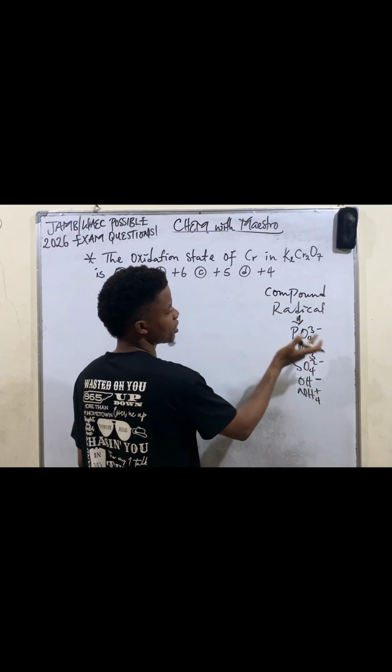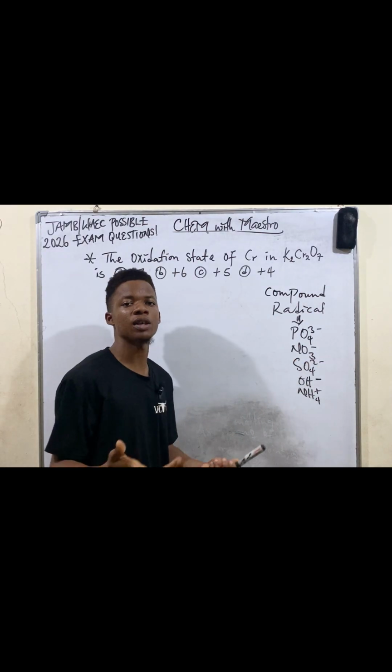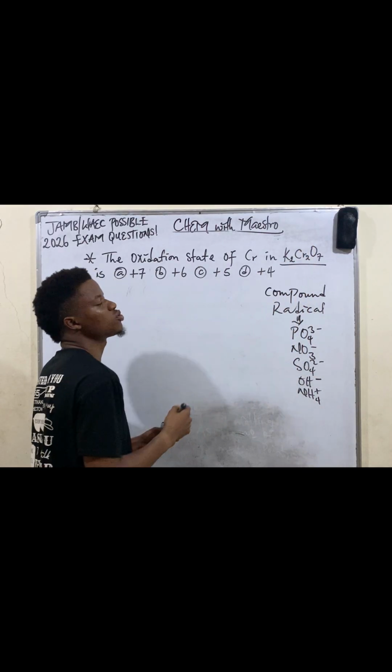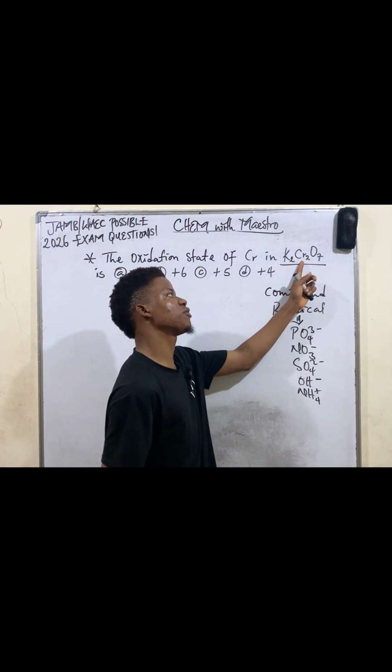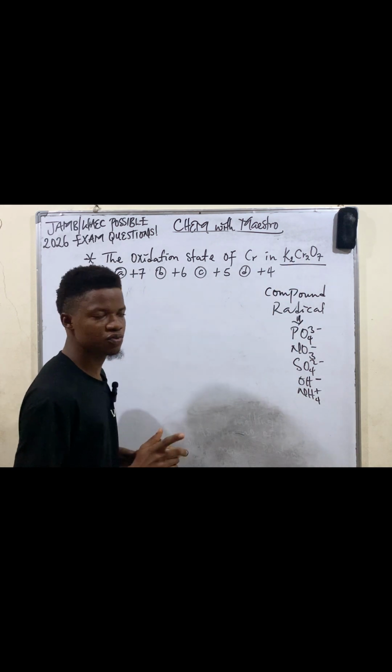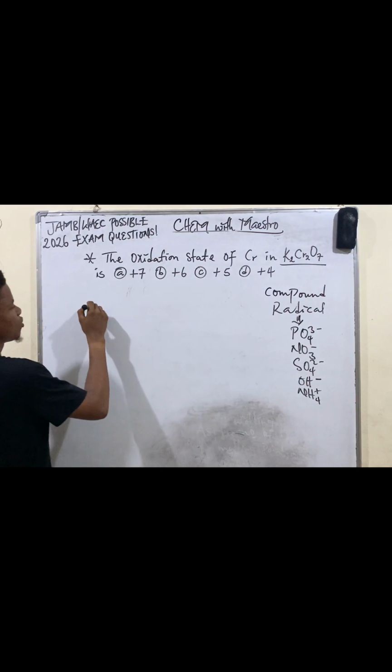For the sake of this topic, you have two or more atoms without a charge. If you look at K2Cr2O7, we have potassium, chromium and oxygen. They do not have charge, so this is a compound. That's the first rule you should follow.